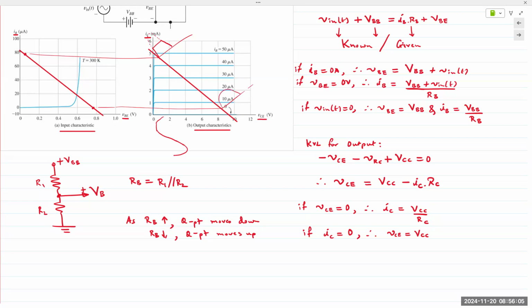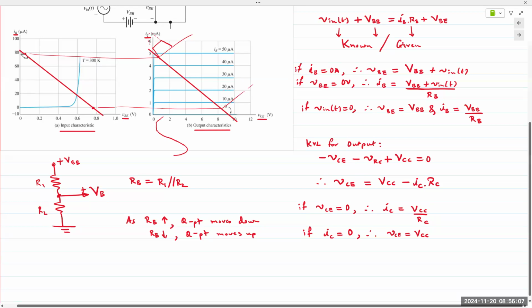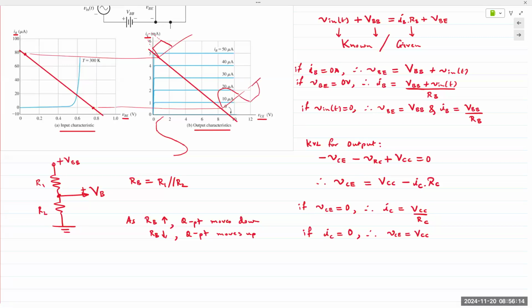Your positive half cycle is fine, but the negative is beyond the transistor's capability. Let's get rid of this. This negative would be fine, and the positive would be chopped off.